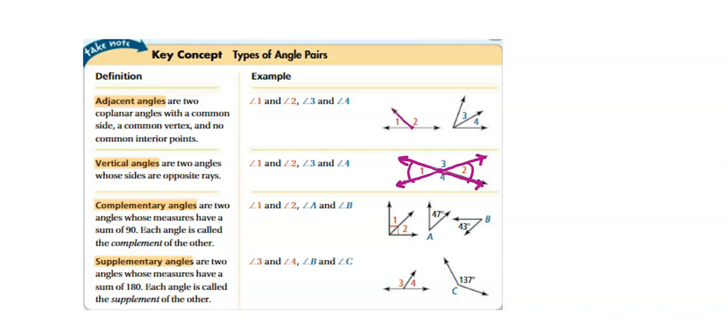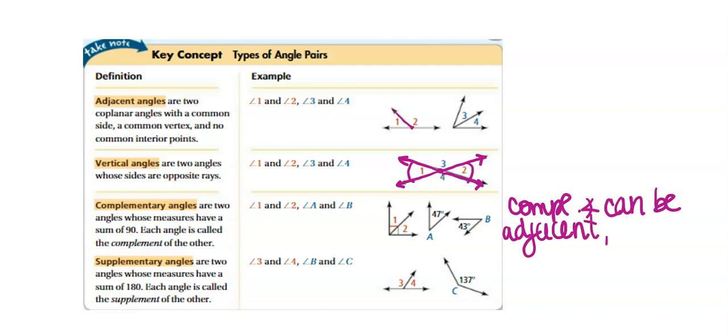Complementary angles are 2 angles whose measures have a sum of 90. So it's kind of like 2 angles that form a right angle are complementary. Each angle is the complement of the other. Notice the pictures here. Complementary angles can be adjacent, but they don't have to be.